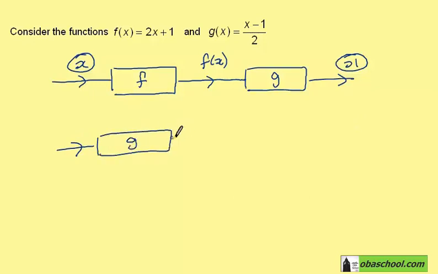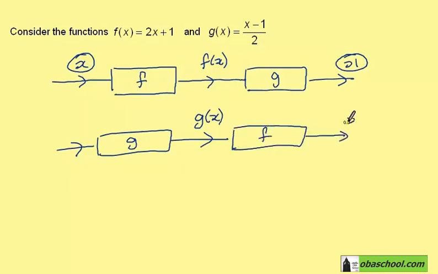We put it into g first. We get g of x out. We put that into f, and we get x back. So we start with x, and we finish with x again. Clearly g undoes whatever f does, and f undoes whatever g does.